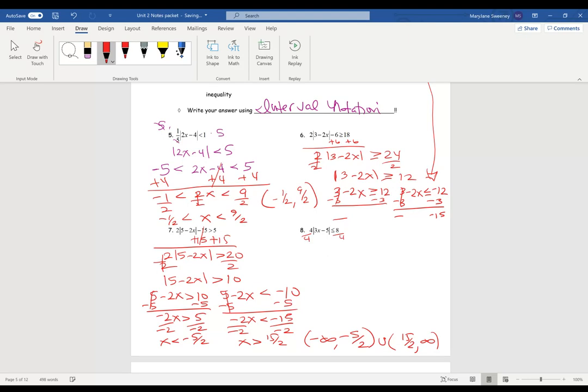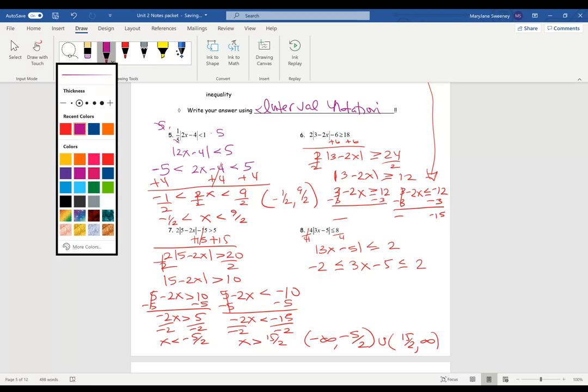So divide by 4. Okay, so I take the 3x minus 5, less than or equal to 2. It's greater than or equal to negative 2. So it's sandwiched in the middle of the negative 2 and the 2.